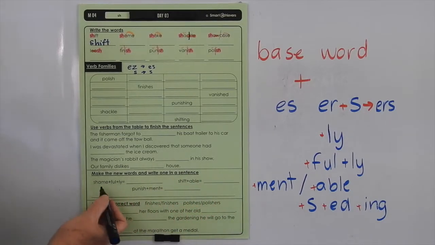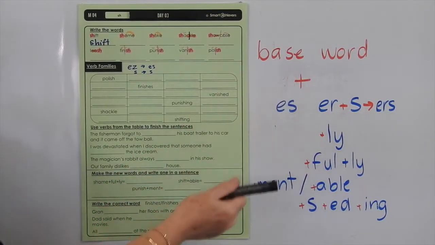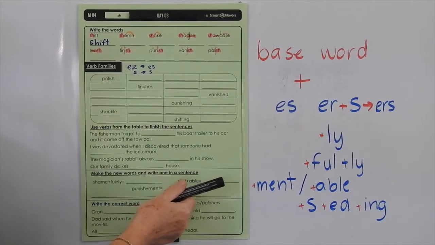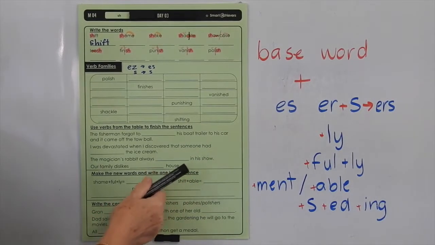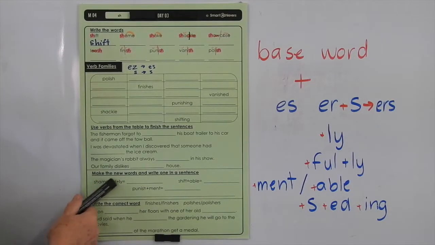Whenever you're making a longer word from a base word, always remember base word plus. Write the base word and then add the other bits on. So here you've got shame, add full, add ly. So we're breaking up those suffixes into their parts.